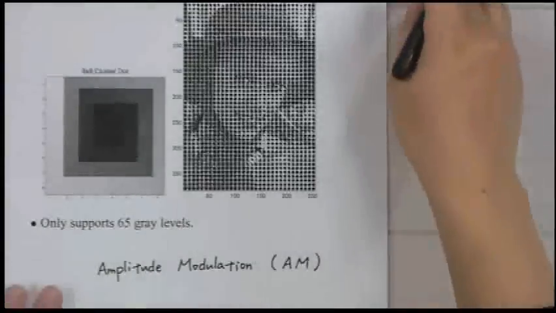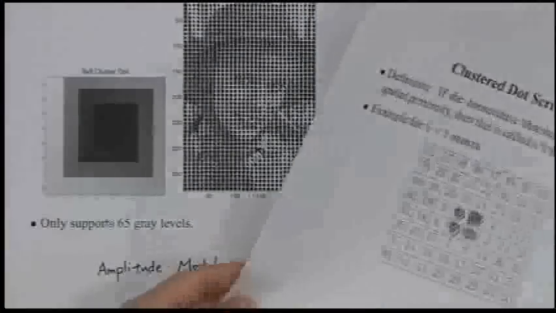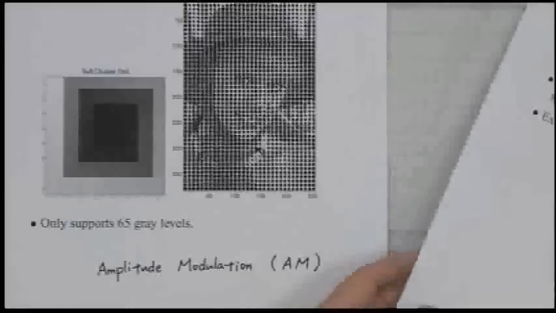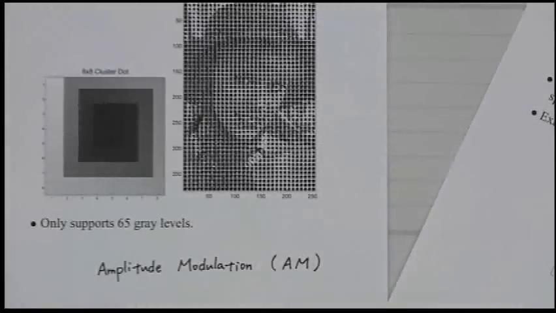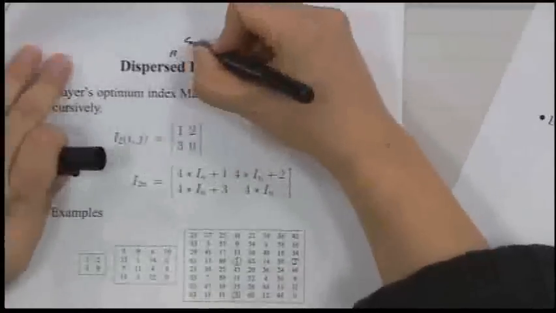Another one is dispersed dot screening. Dispersed means basically spread out.